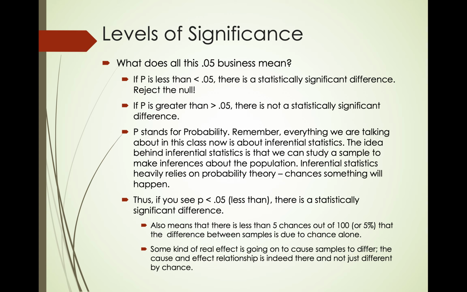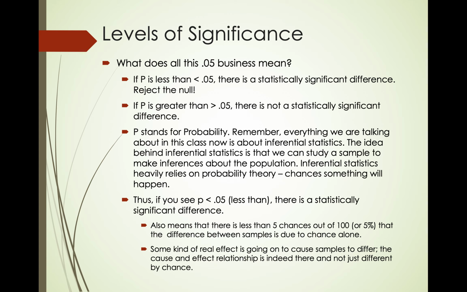P stands for probability. Remember that everything we're talking about in this class now is about inferential statistics. The idea behind inferential statistics is that we can study a sample to make inferences about a population. Inferential statistics relies heavily on probability theory, the chances that something will happen.